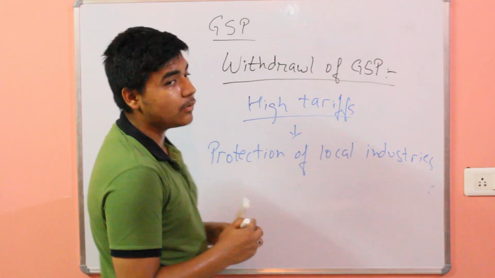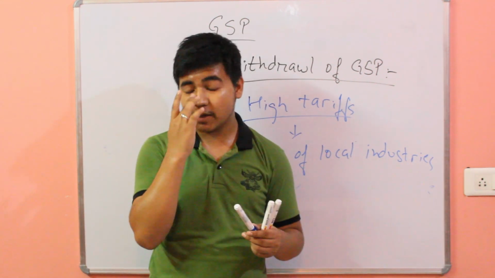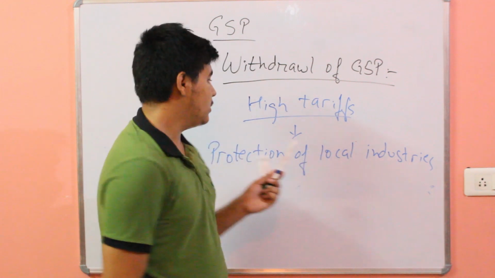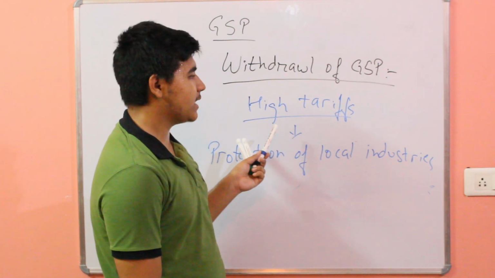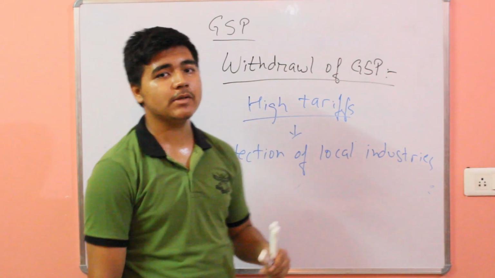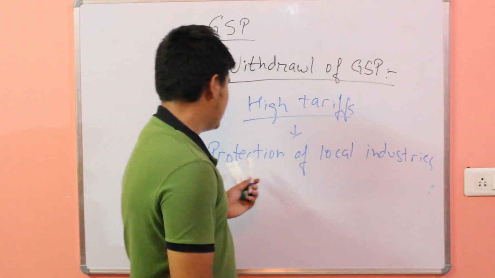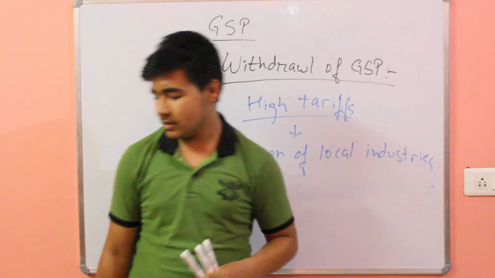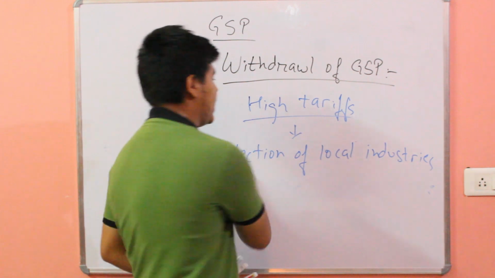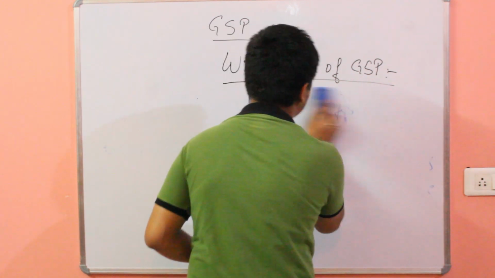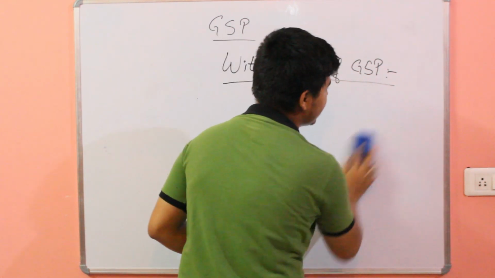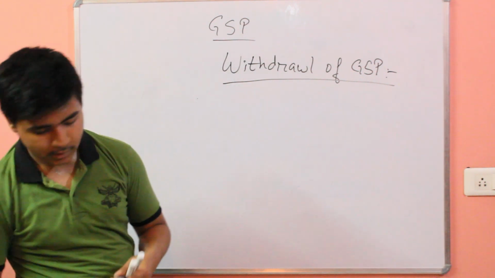And it is not only in India. There is an objective behind these high tariffs, and that objective is protection of local industries. See, not only in India but around the other countries of the world also.